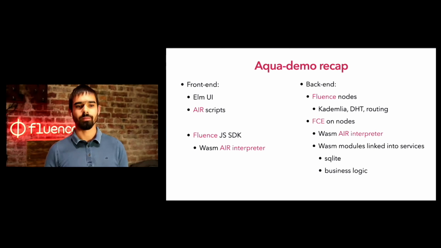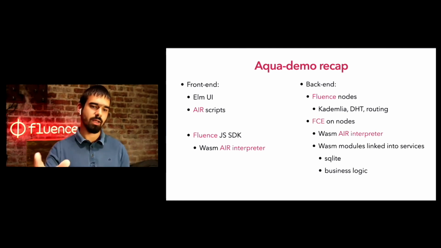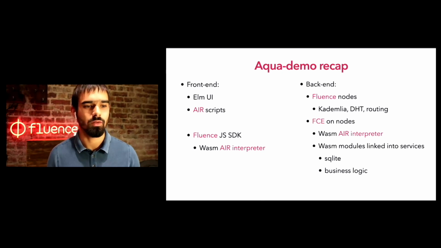So just to recap, I demonstrated a full stack application. We have front end and we have back end. For the front end, I used Helm UI, and I have air scripts. So the choreography is expressed on the front end, and the scripts are emitted, sent to the network to be executed.